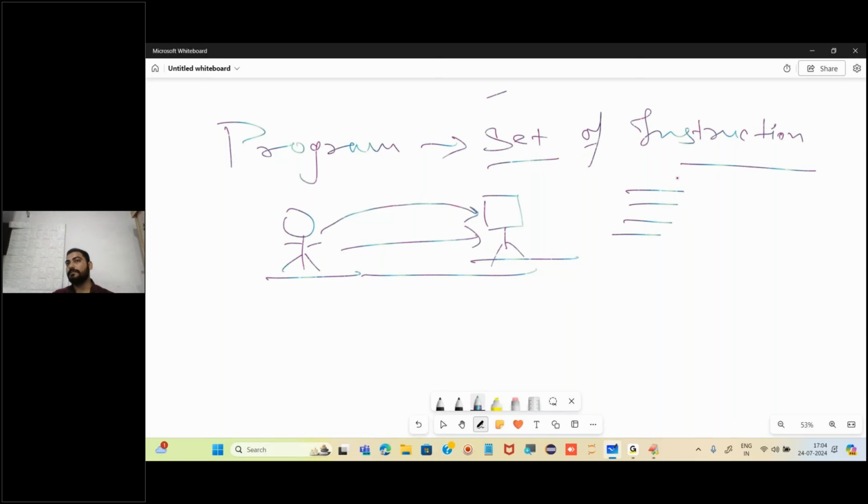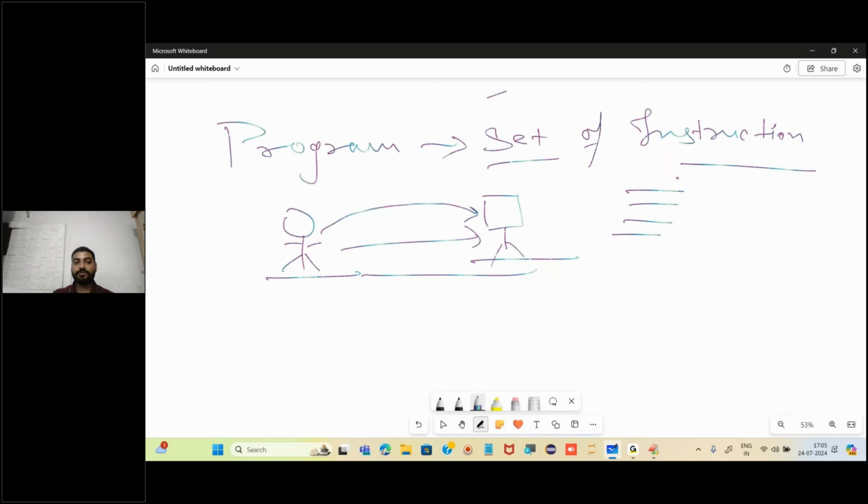What is an instruction? If I give you an instruction, go and get some water, that means I'm ordering something, right? Same thing we have to do for the system also. The system is just a puppet. In our way we have to communicate with the system. That is the simple thing.